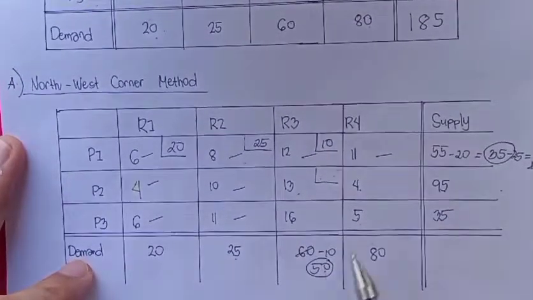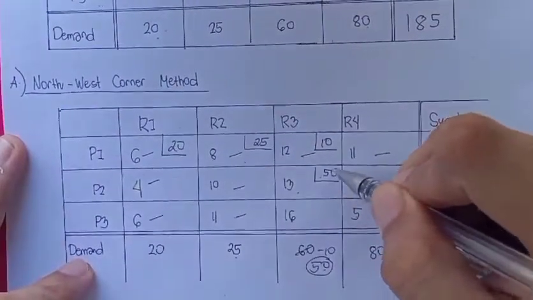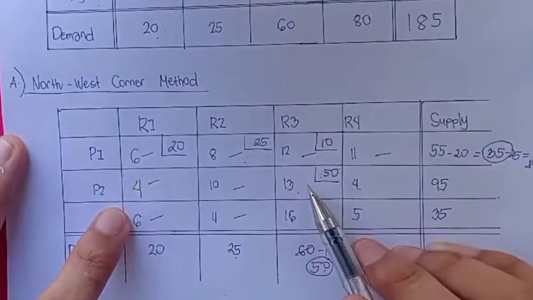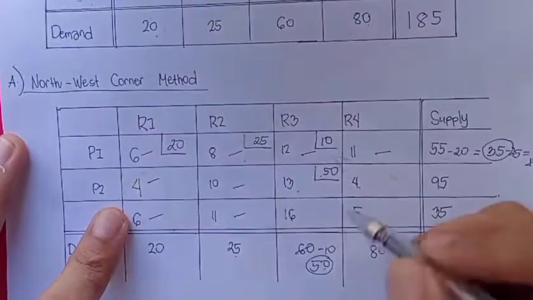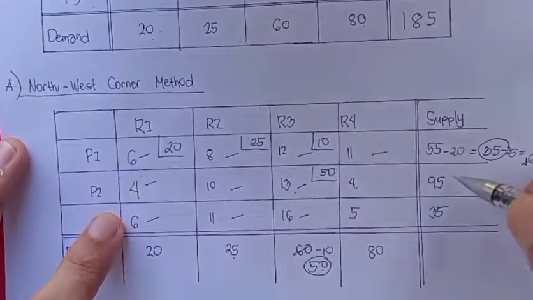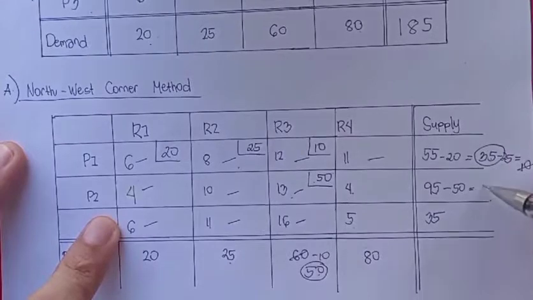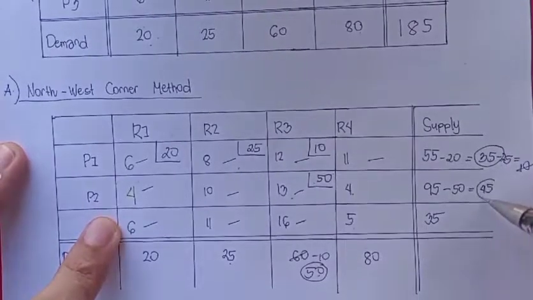The minimum of 50 and 95 is 50. So we will allocate 50 here in P2 and R3. So this column is satisfied and we will deduct 50 here in the second row. So the remaining is 45.